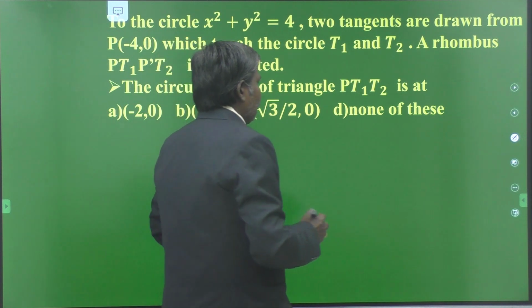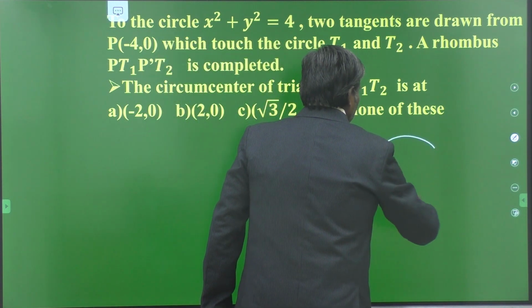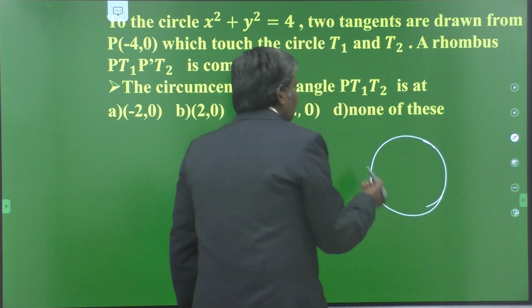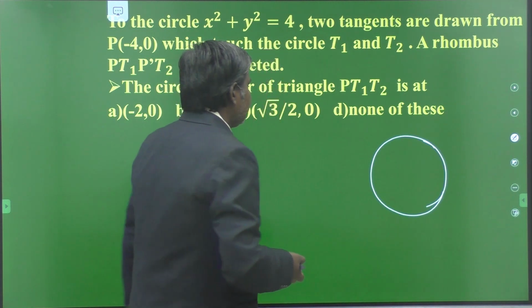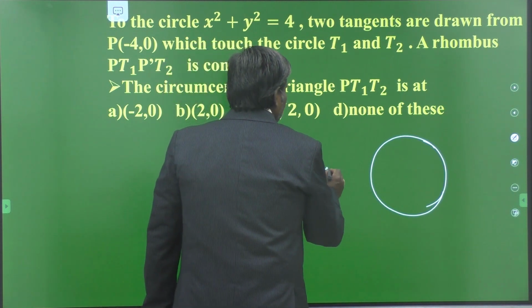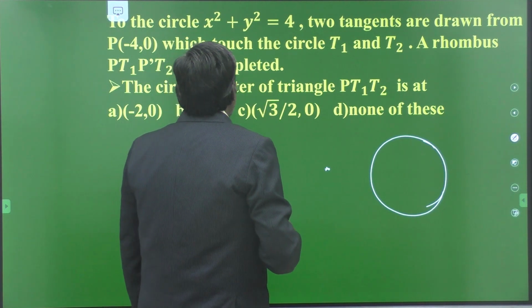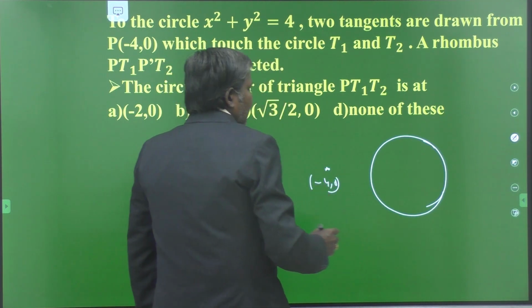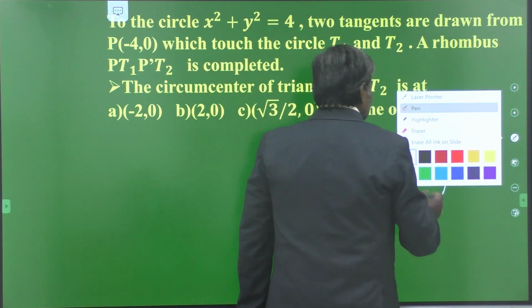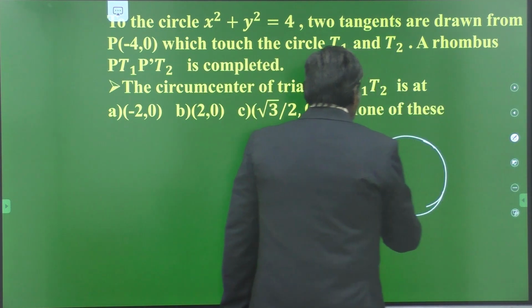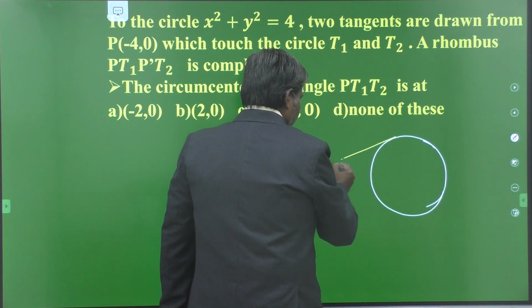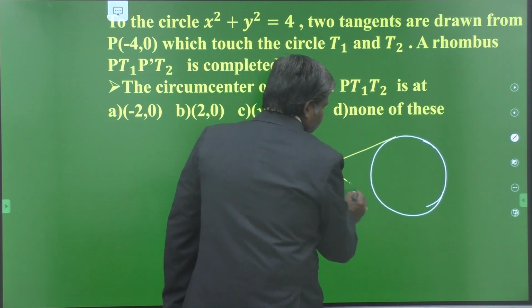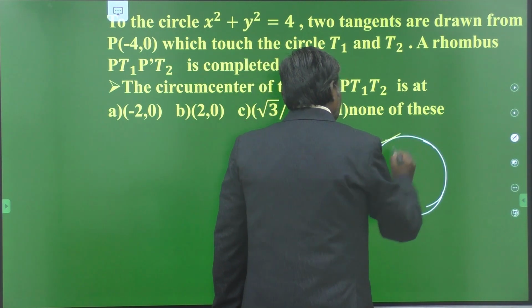Same as in the above problem, just like that. Here the parallelogram is a rhombus. This is the point here. What is the point? Minus 4, 0 is there. This is an external point. Two tangents are drawn from that point to the circle. This is the first tangent. This is the second tangent.